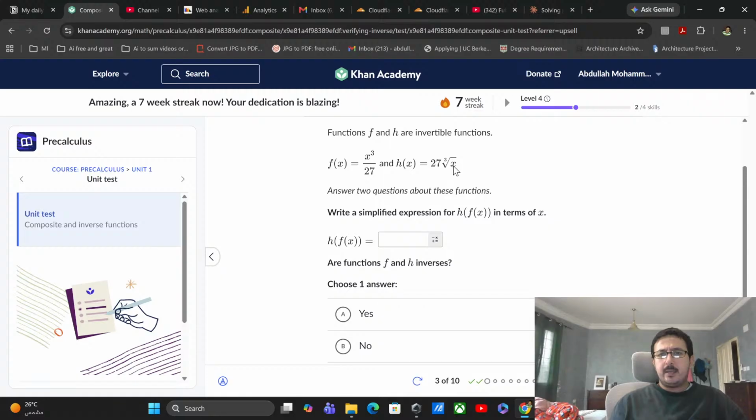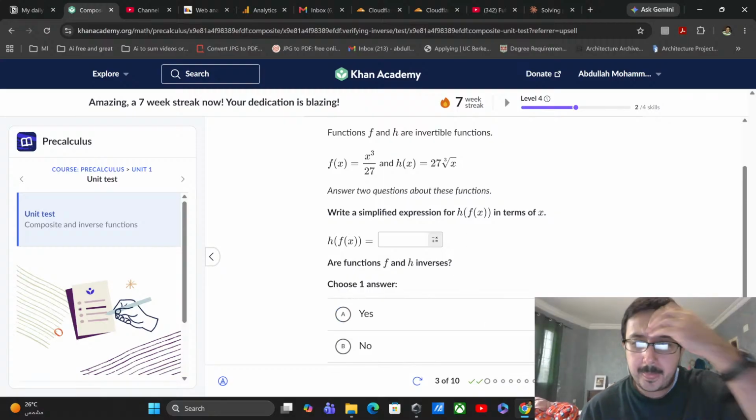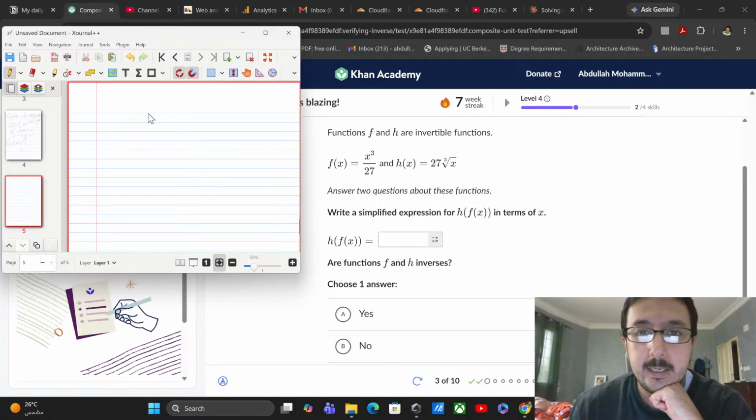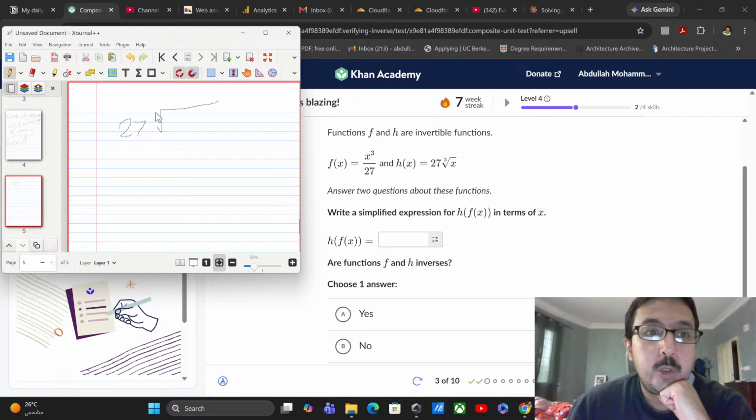So do you wanna see how this is gonna work? So this is how it works. This is how I'm gonna do it. I got 27, the cube root of x cubed over 27, and that's it.